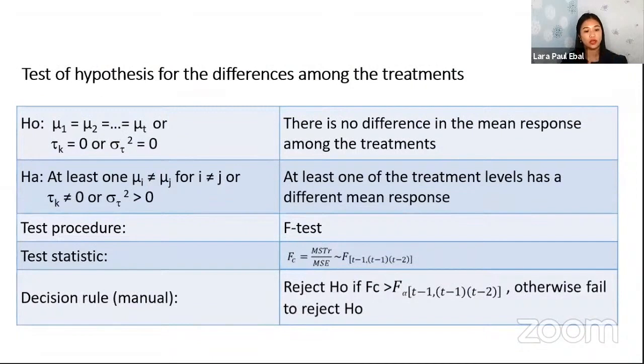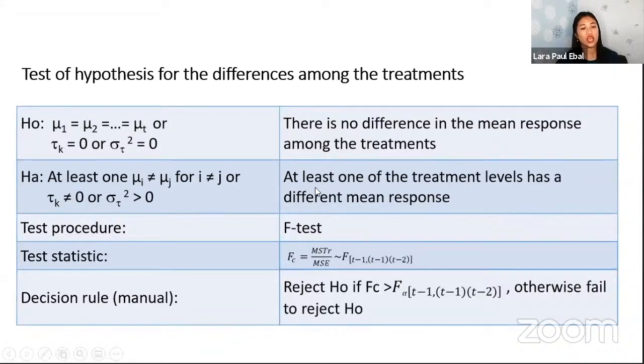We now state the hypothesis. First, we can use the mu's, or mu1 equal to mu2, or the tau i's. For the H0, there is no difference in the mean response among the treatments. You can denote this with mu1 equal to mu2 equal to mu t.